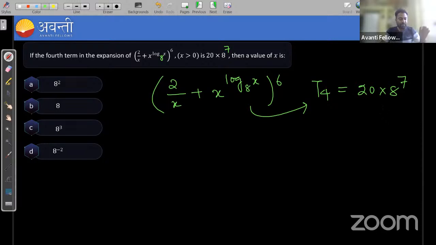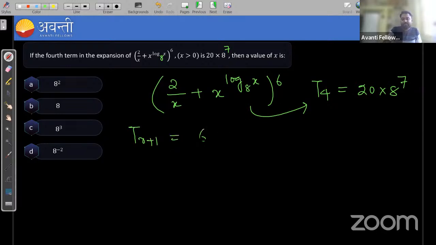First, it is already given that T4, the fourth term of this expansion, is given. So how can we find the fourth term of this expansion? First we need to know the general term of this expansion. So T(r+1), what is the formula for the general term?